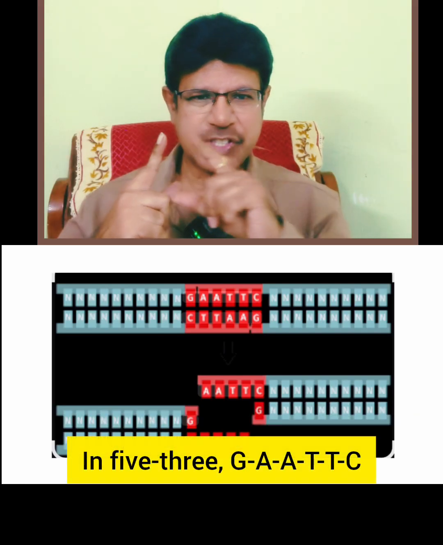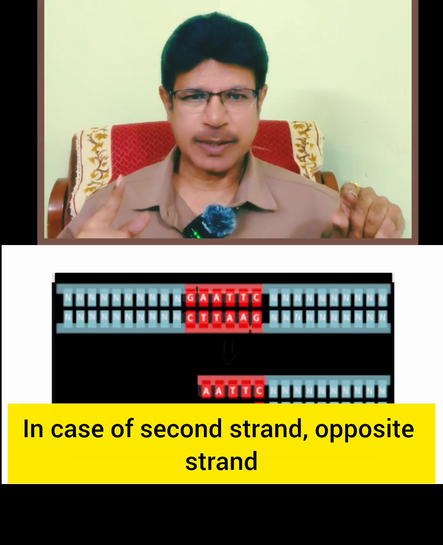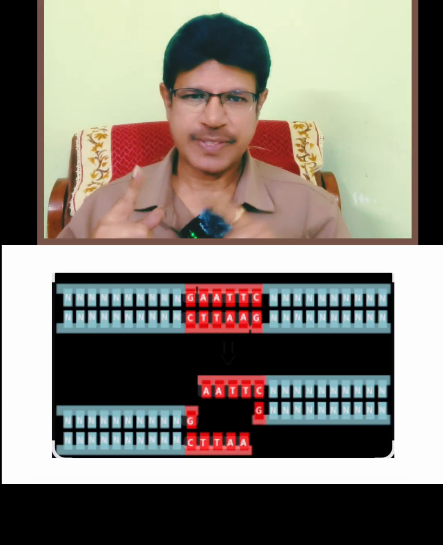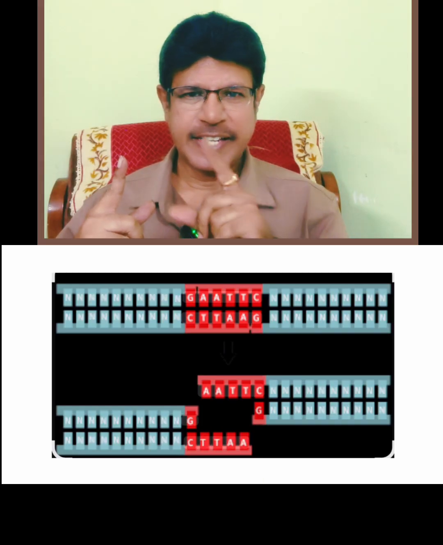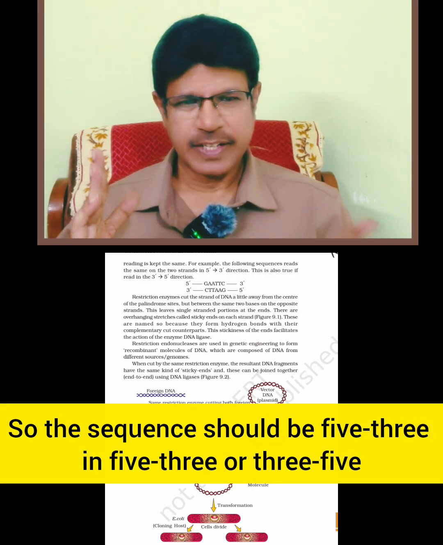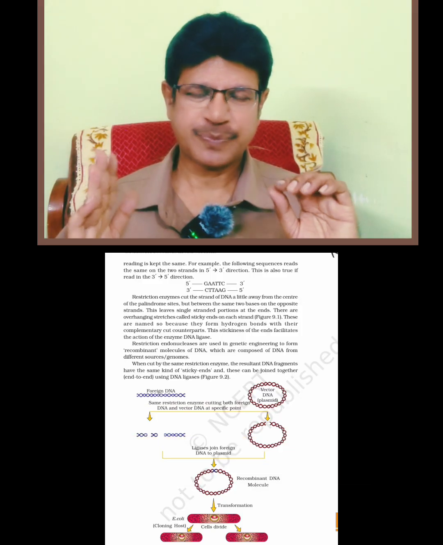In 5' to 3', GAATTC. In the opposite strand, GAATTC also when read from the 5' direction. Suppose in the 3' to 5' direction, CTTAAG; read 5' to 3', it is again GAATTC. So the sequence should be read 5' to 3' in both strands.